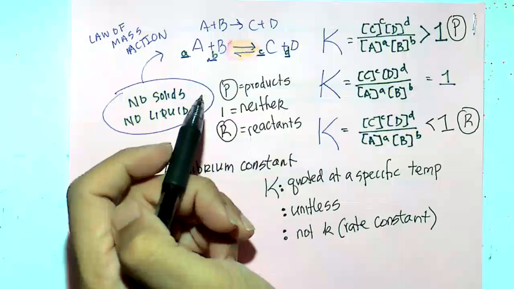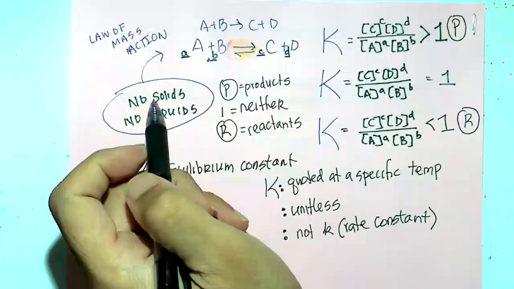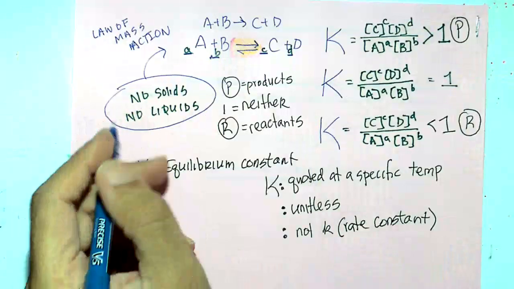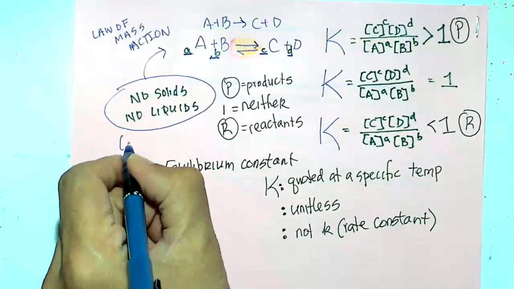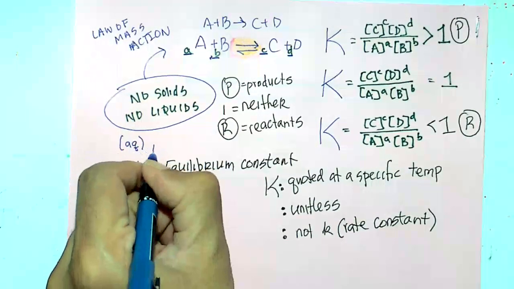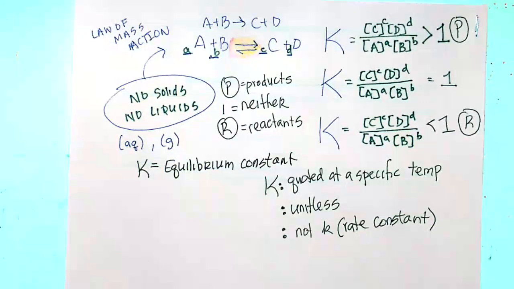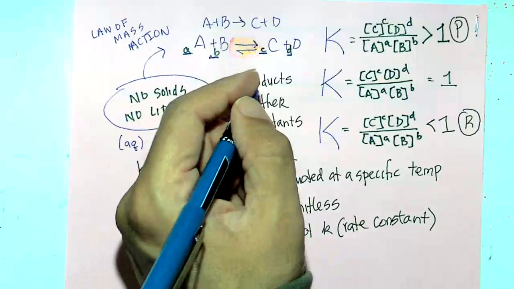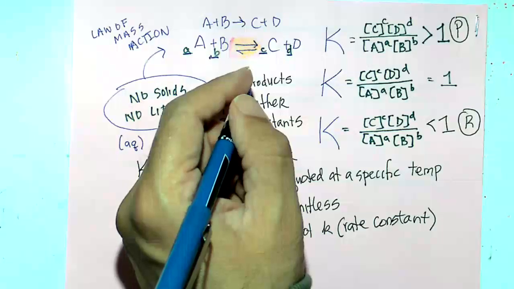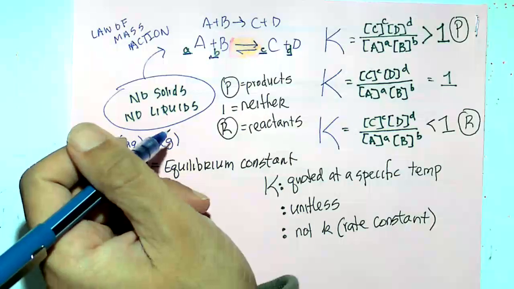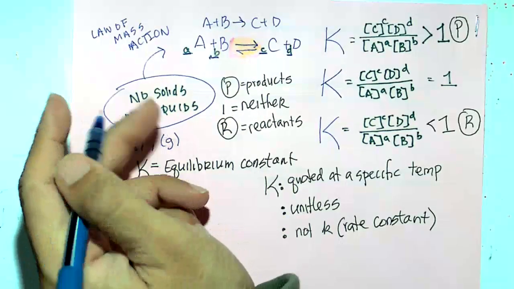Okay, what gets put inside the equilibrium constant? Not solids, not liquids. So what are you left with? The only thing you can put in this equilibrium constant are aqueous solutions, that is, those dissolved in water, or gases.